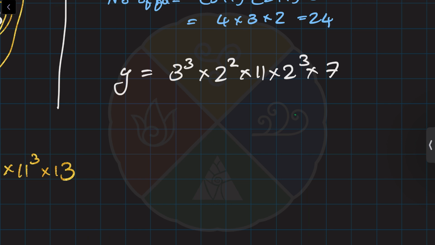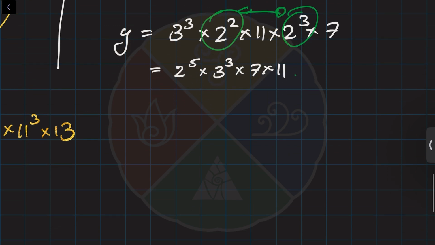For this number, first I am going to check if this is in standard form. No, 2 square and 2 cube, they are two separate stuffs. I have to bring them together. If I rewrite this number, it is going to be 2 square into 2 cube is 2 raised to 5 into 3 cube into 7 into 11. Okay, now it's in the standard form.